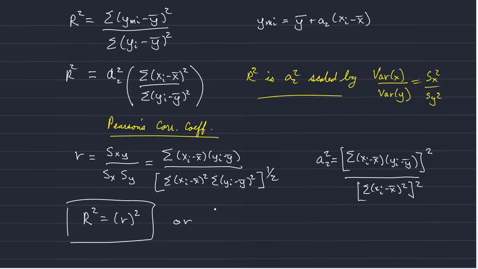Or in other words, the square root of R2, we can call that big R, is simply equal to the absolute value of Pearson's correlation coefficient.